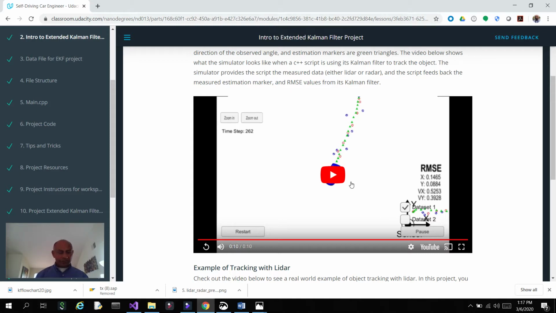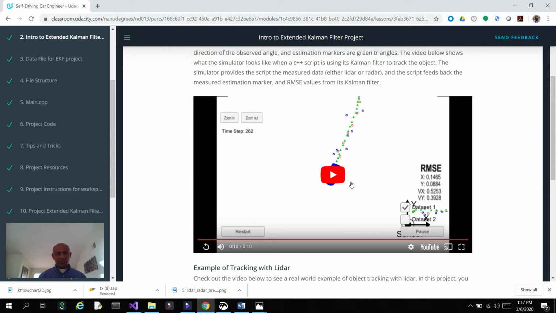Now Kalman filter can be used just for sequential measurements from Lidar, for example, but here we are going to use both Lidar and radar measurements. The main difference between Lidar and radar, there are many differences, but radar is able to measure the velocity.